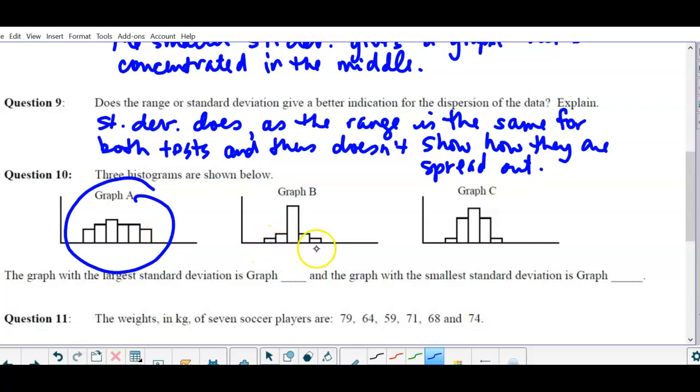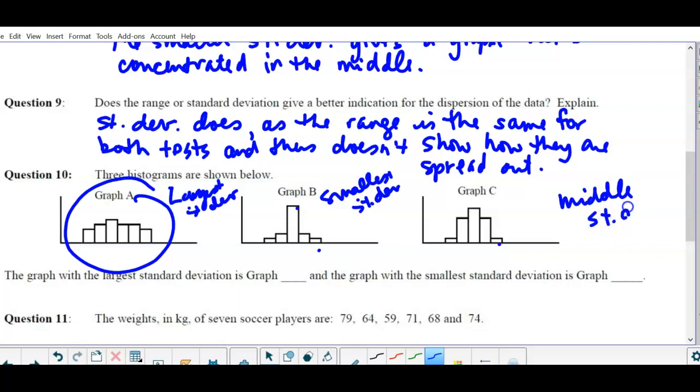Whereas here, there's only a few at the ends and a lot in the middle. Here, a couple at the ends and a lot in the middle, but it's kind of spread out within that. So this would be the largest standard deviation, this would be the smallest, and this would be the middle. So the largest is A, and the smallest would be B.